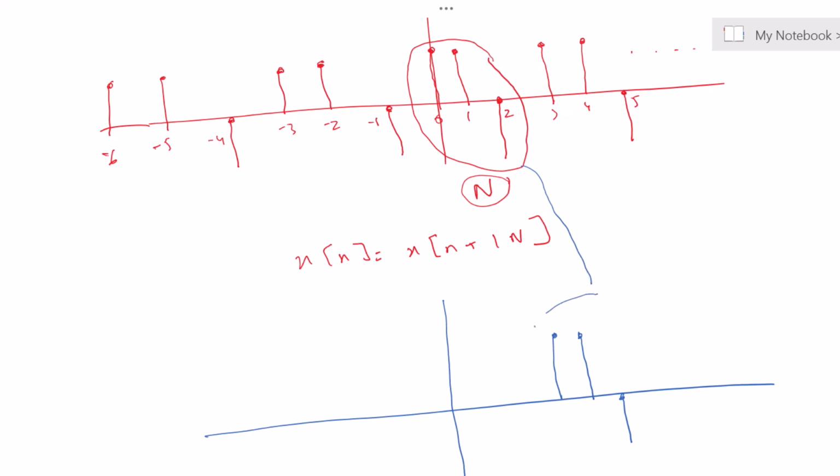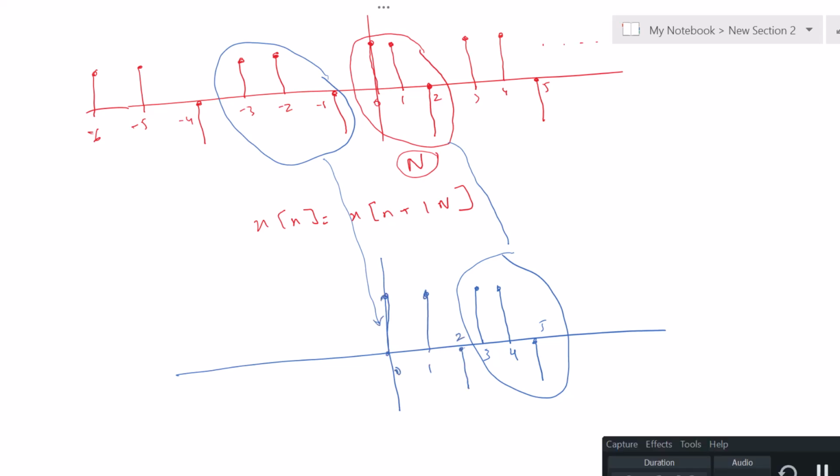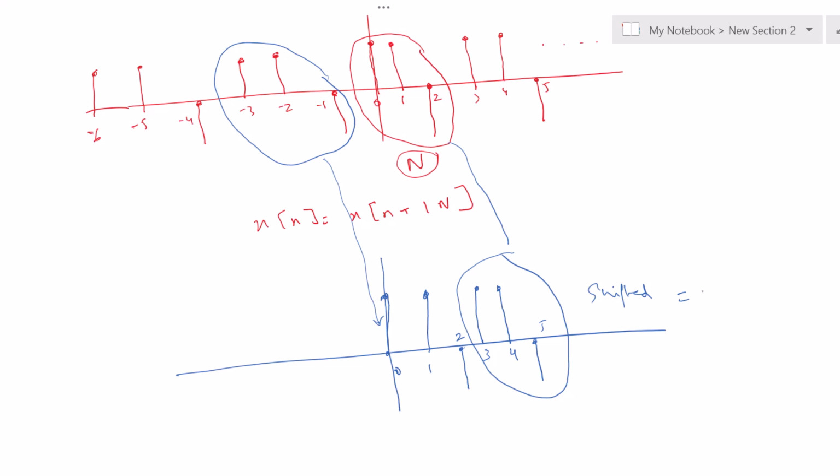This signal will be shifted onto 3, 4, 5, and this signal will shift onto 0. Again, you see that this shifted signal is equal to the base signal, with the fundamental period N equal to 3 samples.